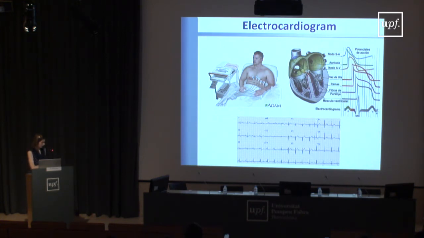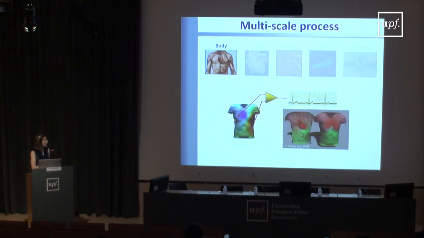Well, this electrocardiographic signal is very commonly used in clinical practice, but in most instances we don't know how to search for really useful information in this signal. So in order to improve the way we use this signal, we can investigate this multi-scale process and see the electrocardiographic signal as the result of all these multi-scale processes.